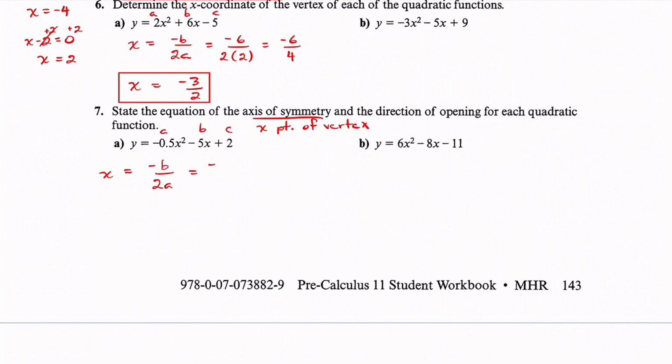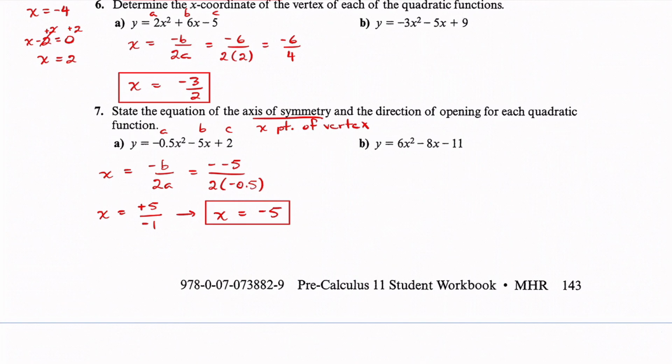So we got minus, and then b is minus 5, so it's minus minus 5. And then 2 times a, and a is minus 0.5. So simplifying that, in the top those two negatives will give me a plus 5. In the denominator, 2 times negative 0.5 is negative 1. So that is going to give me x is equal to negative 5. So we got our axis of symmetry.